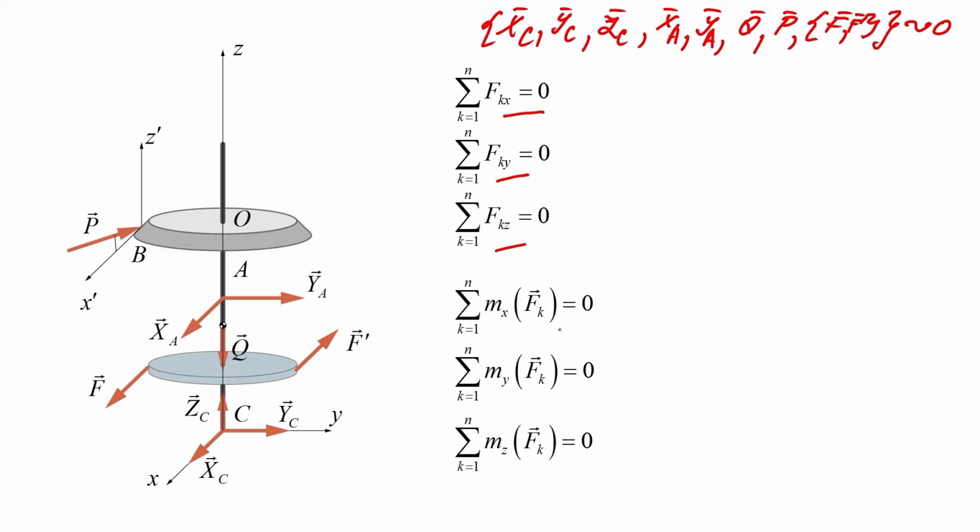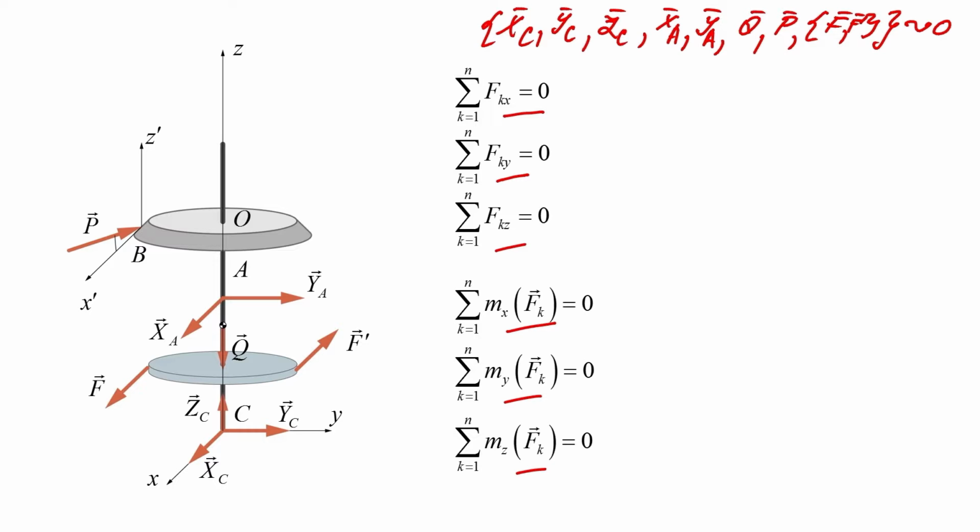The sum of moments of all the forces acting on the body with respect to the axis x must be equal to 0. The sum of moments with respect to the axis y must be equal to 0. And the sum of moments of all the forces acting on the body with respect to the axis z must be also equal to 0.